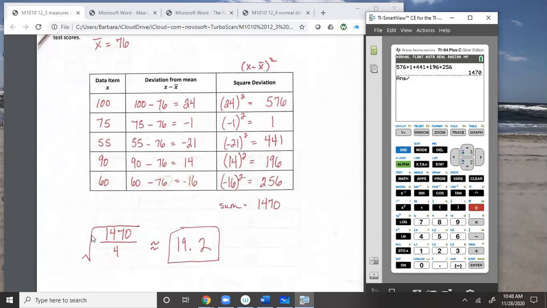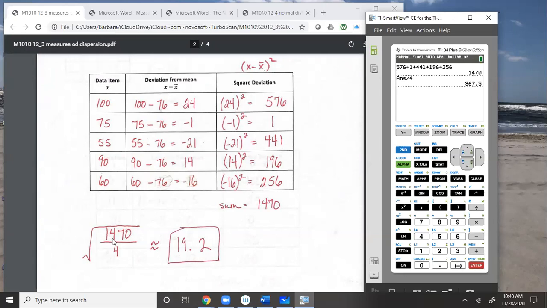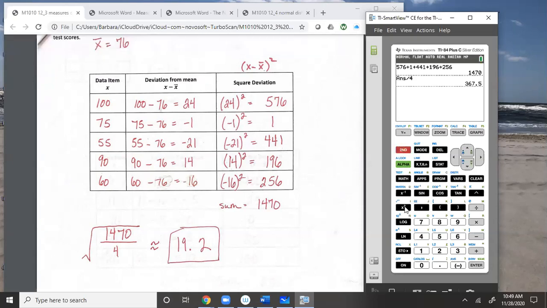All right, so we have the square root of 1470 all over n minus 1, which is 4. All right, so I'm going to divide what's already on my screen by 4, hit enter, and we have this number, 367.5. Now we take the square root, hit second X squared.